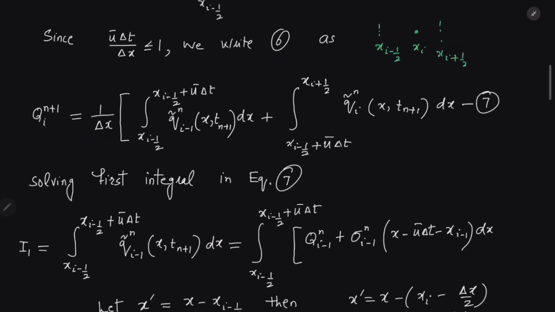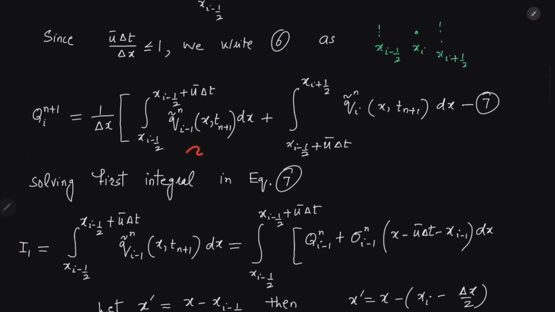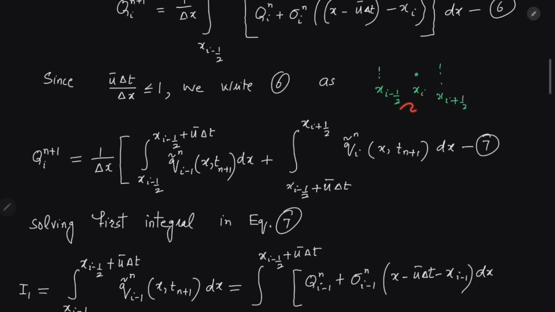And remember one thing you should have noticed, that the Q_i will change accordingly. In the interval x_{i-1/2} to x_{i-1/2} plus u bar delta t, we should have Q_{i-1}, and when we have the interval x_{i-1/2} plus u bar delta t to x_{i+1/2}, we should have Q^n_i.